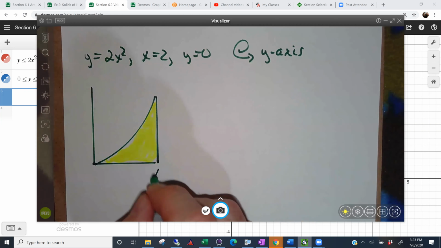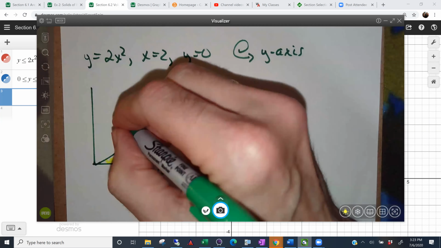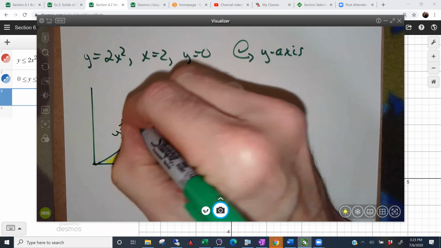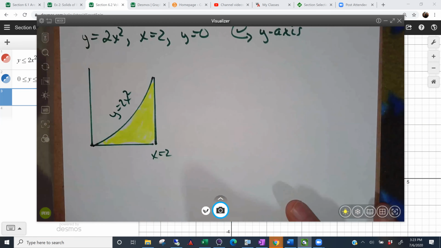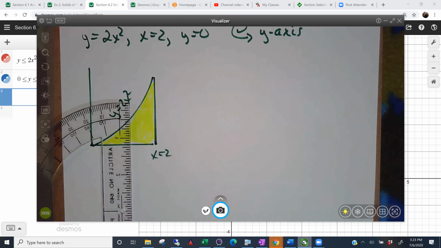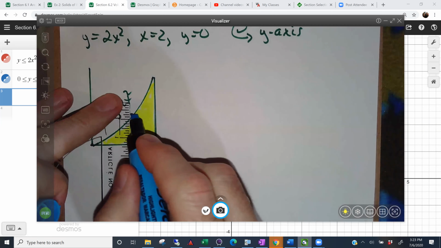So that's x equals 2. This is y equals 2x squared. Of course, y equals 0 is your x-axis. So a parallel slice is going to be a dx slice.